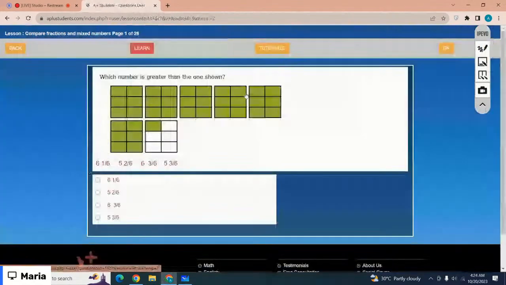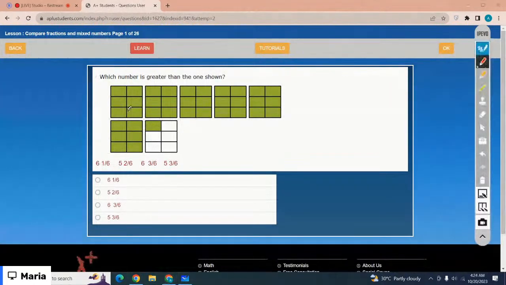Which number is greater than the one shown? Let's just see which is shown here, right? That would be 1, 2, 3, 4, 5, 6. That is 6 whole and 1 over 6. The number that is shown here is 6 whole 1 over 6. So which is greater than 6 whole 1 over 6?